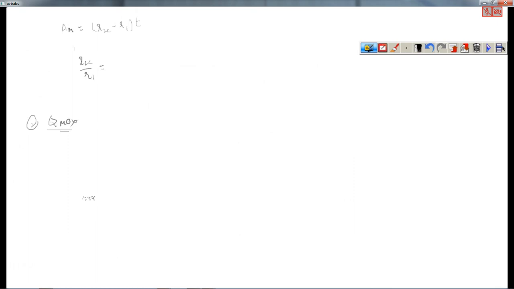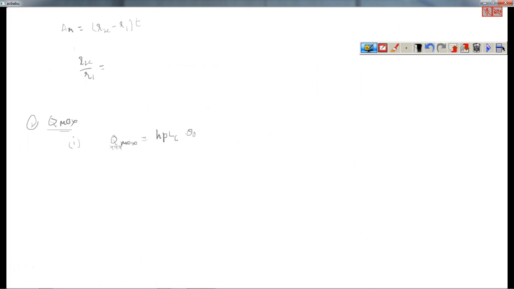Therefore, when you want to calculate Q max, first, for a rectangular or triangular fin of unit depth, Q max is equal to HPLC into theta 0.